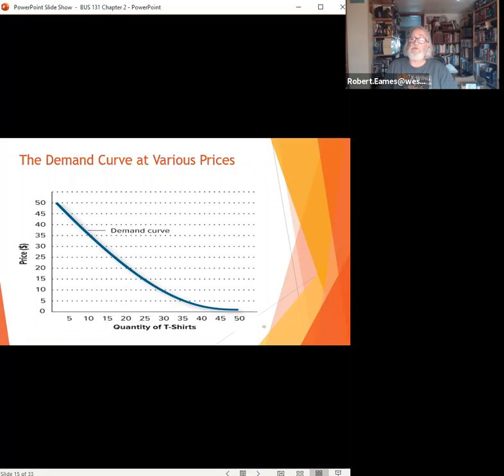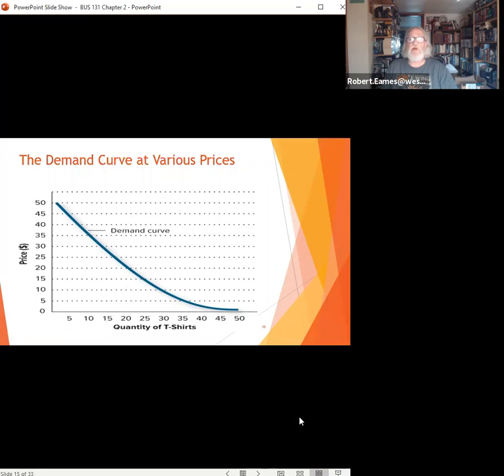That seems to make some intuitive sense. Then look at the other end of that curve where it goes slightly above zero, right? So the price is down around $1. Well, if that's the case, where that blue line is down around $1, we could easily anticipate that 50 shirts is how much the demand is at that price. So price does matter for demand, but not for supply.